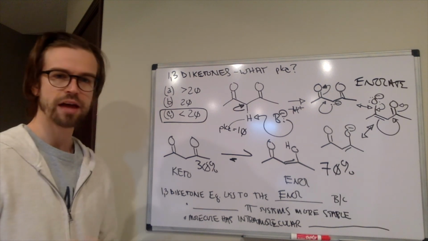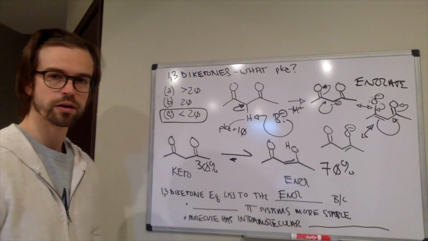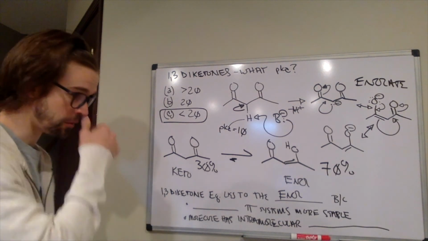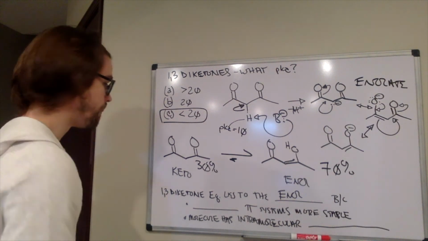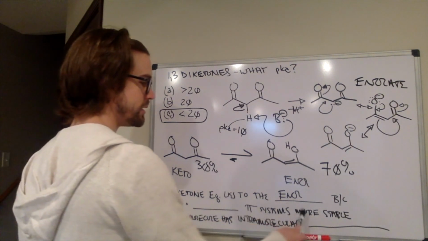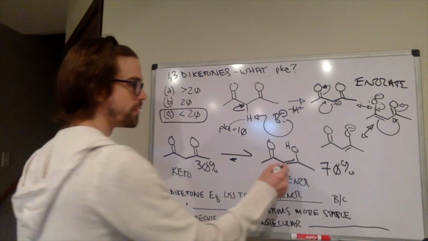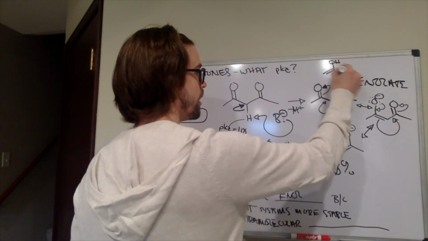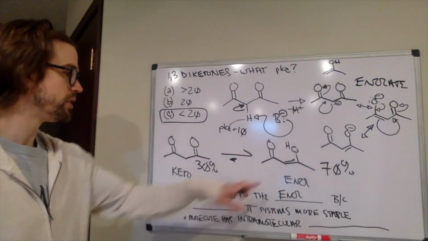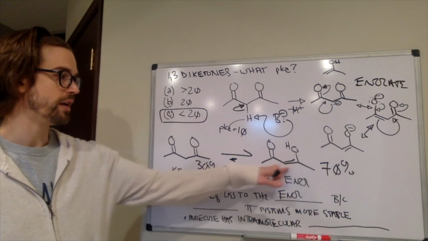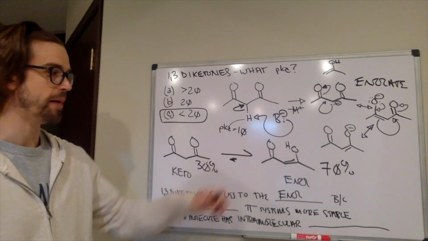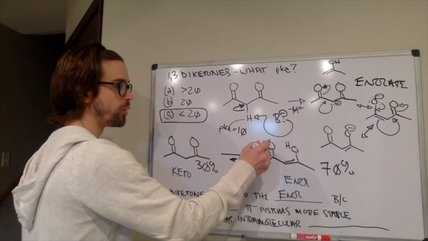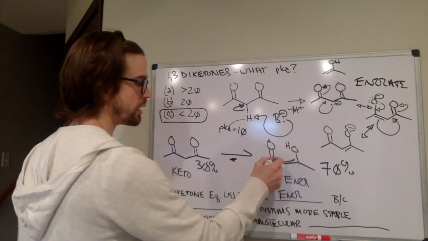Okay, so you've done that. Usually people get this first one. At least someone in the class usually raises their hand when we're face-to-face. But conjugated pi systems are more stable. Well, what's different about this pi bond than a pi bond like that? Well, this pi bond is conjugated, right? It overlaps with this pi bond because we have p orbitals here, here, here, and here.